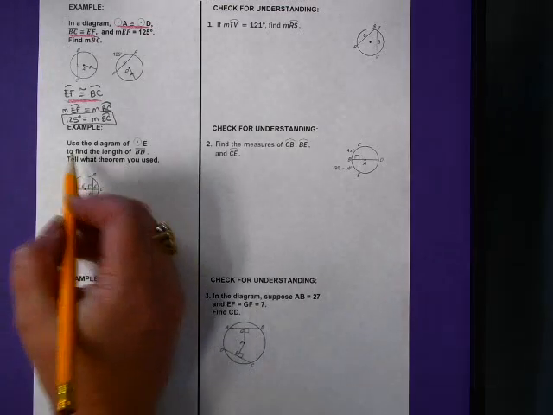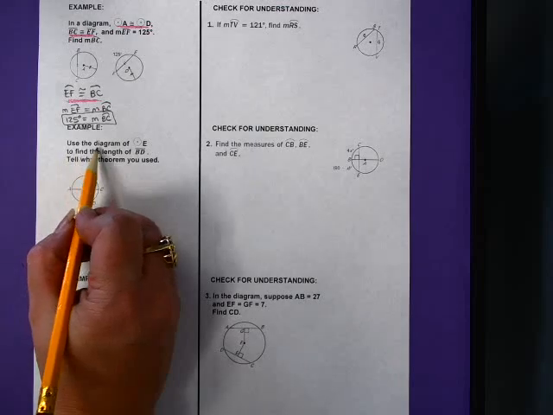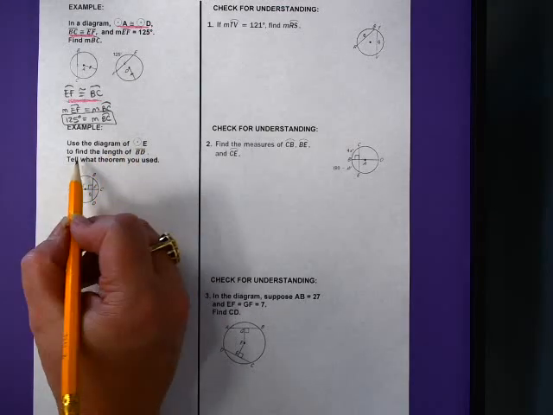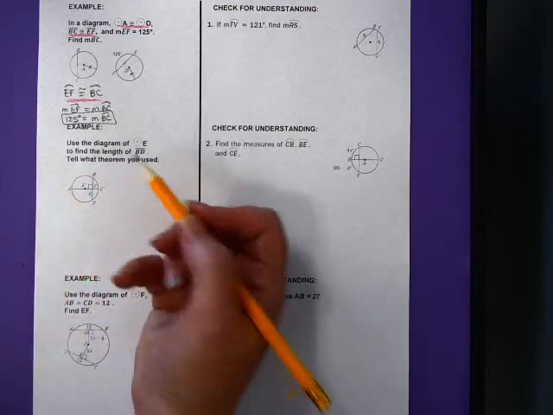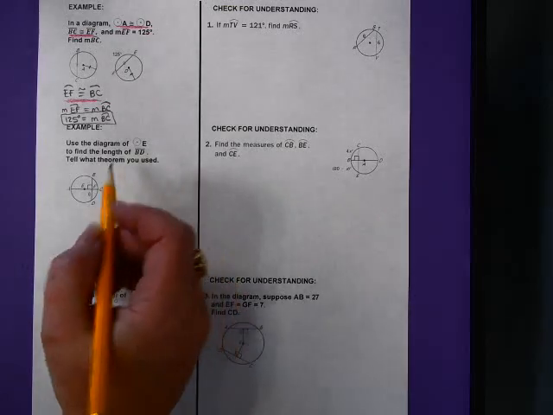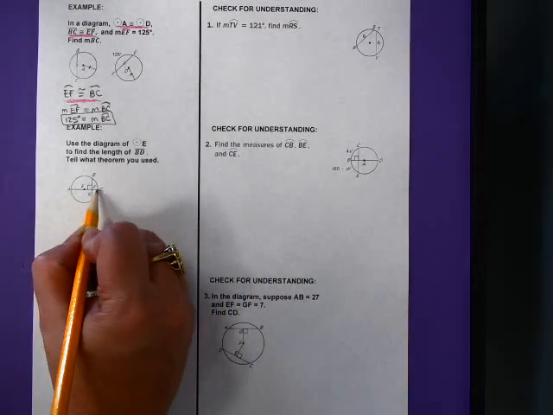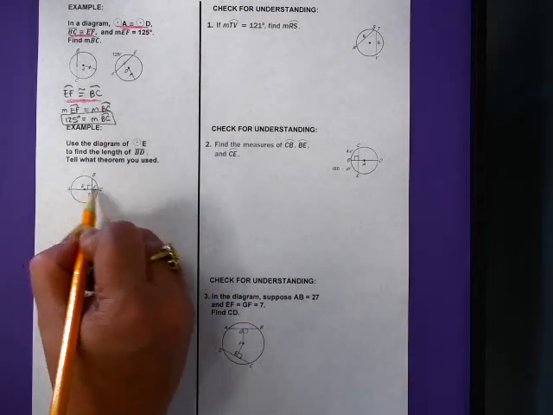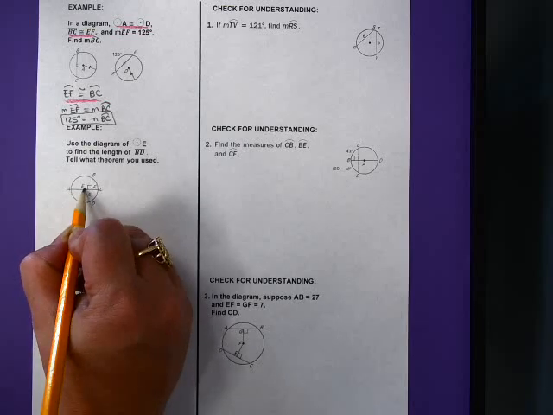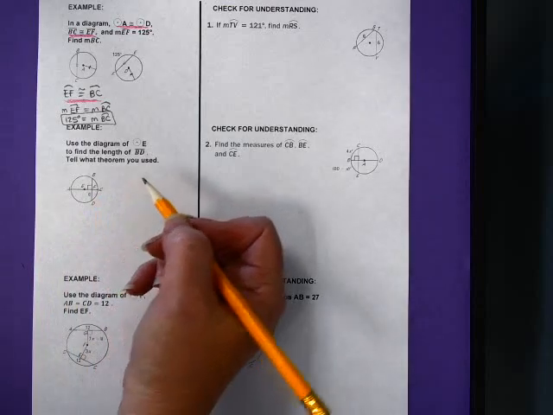Alright, and the next one, next example. It says, use the diagram of circle E to find the length of BD. Tell what theorem you used. Okay, so here we have AC being a diameter because we can see that it's a chord and we see that it goes through the center of the circle.